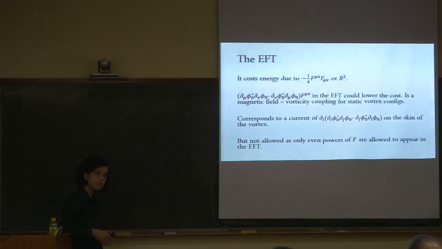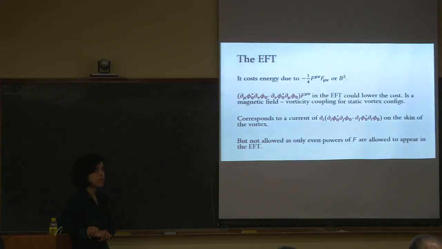What do you mean, you apply a field? This term doesn't exist, but if I break your A to minus A symmetry by saying I apply an external magnetic field. Well, you could break the symmetry in other ways too, right? I apply an external magnetic field, this term can exist. When you have the symmetry in your UV theory, I don't think it can exist. Yeah, I understand, but I'm saying I have the sample and I apply an external magnetic field, I just set curl A to something.